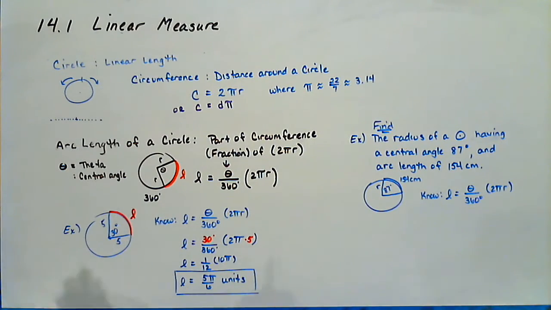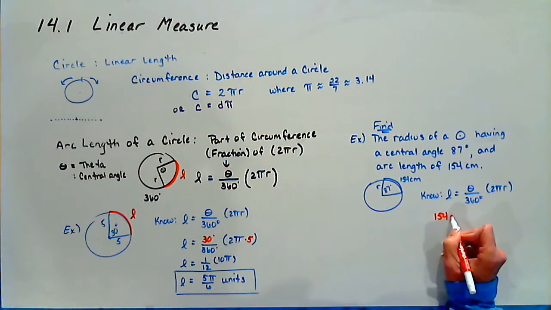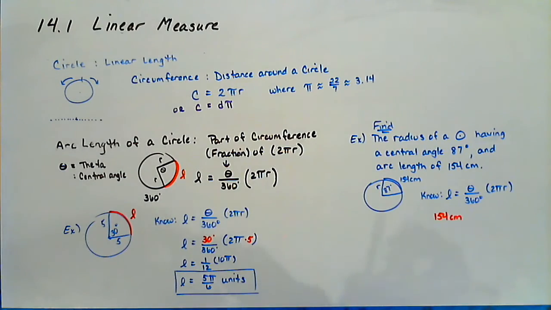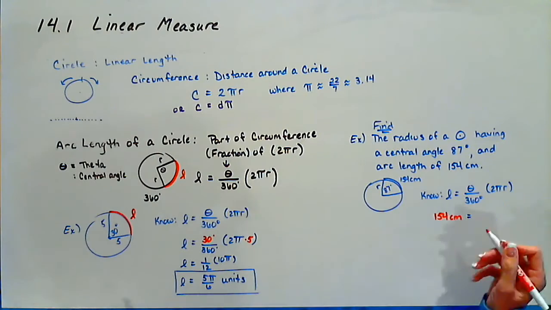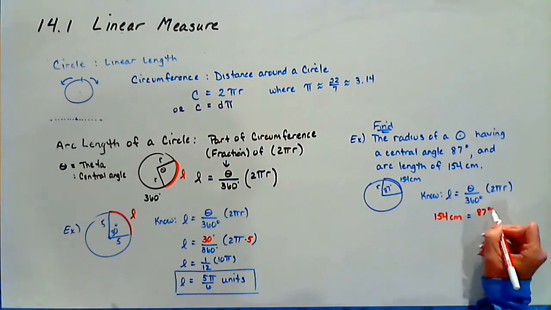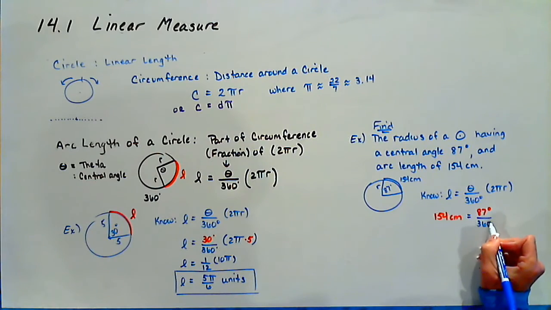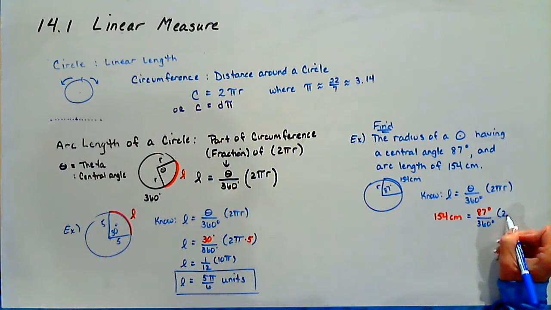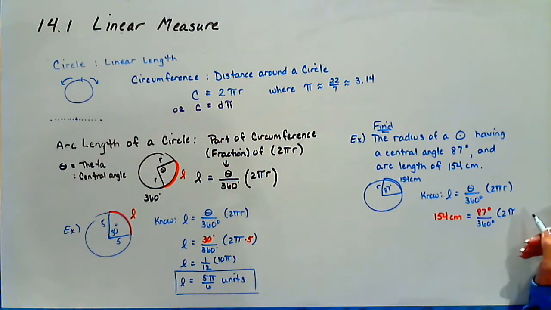So if I substitute in what I'm given, an arc length of 154 centimeters, an angle measure of 87 degrees out of 360, 2 is a constant, pi is a constant, and I don't know the radius.